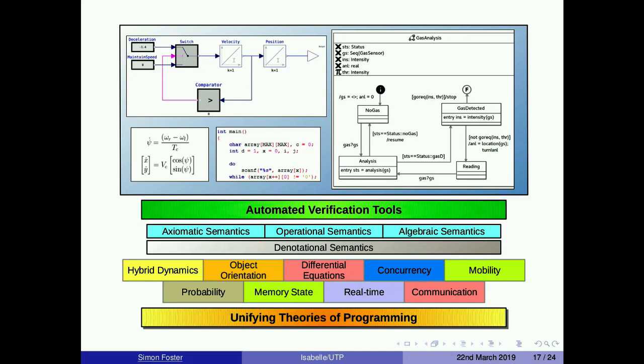So UTP tries to provide a way of understanding fundamentally what my language is from a computational standpoint. And then the idea is that this allows us to organize all of these different notations together, to understand the links between them, so that we can then do these kinds of heterogeneous verifications.